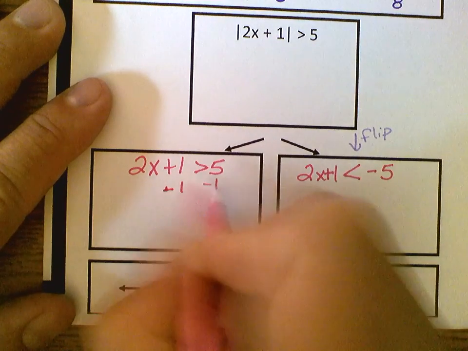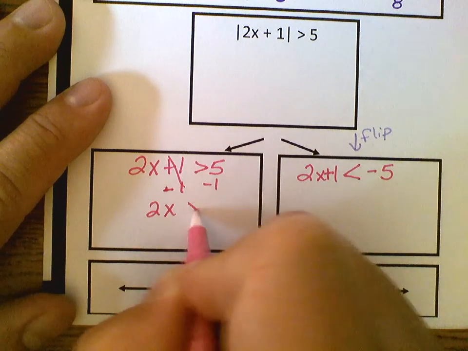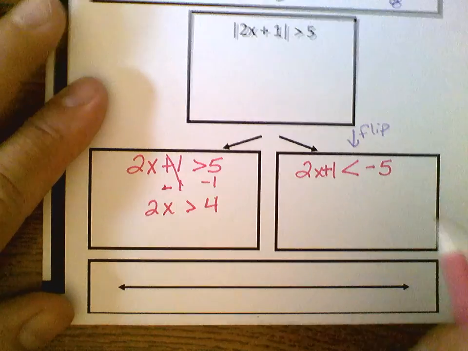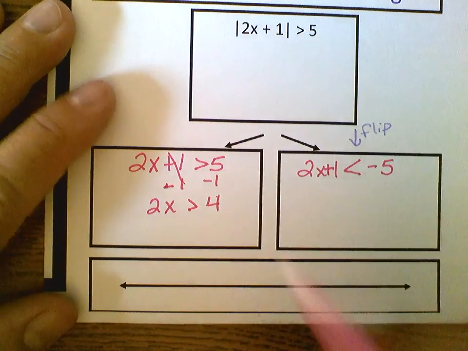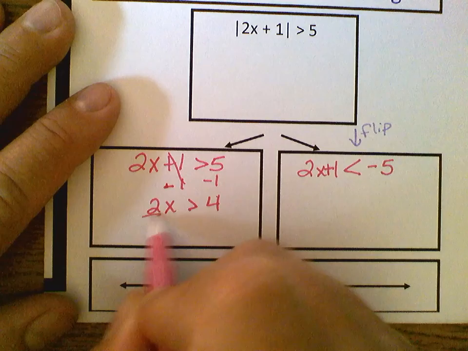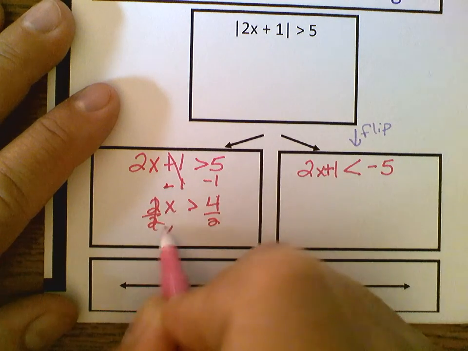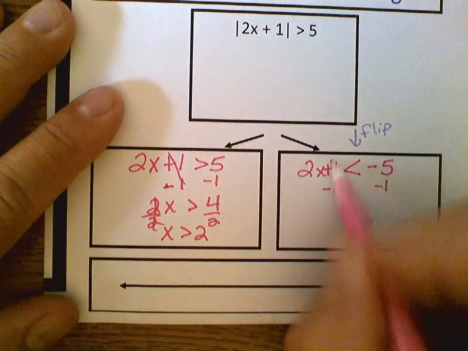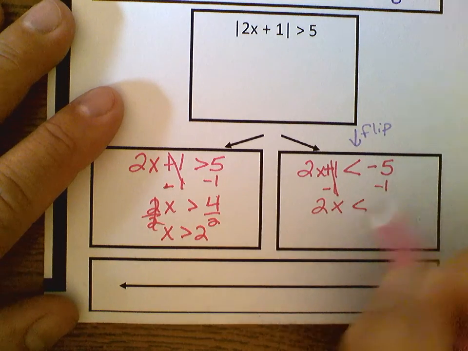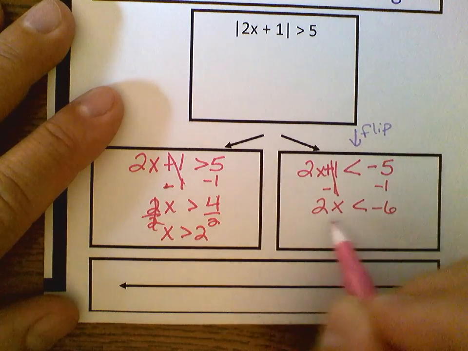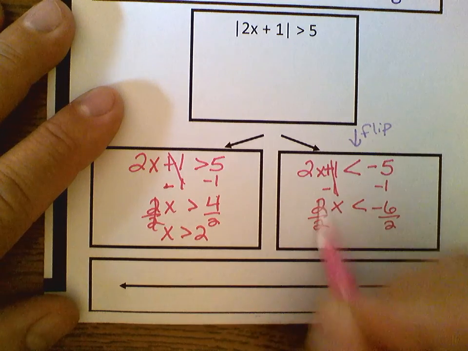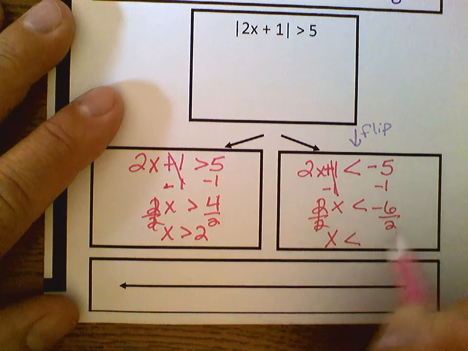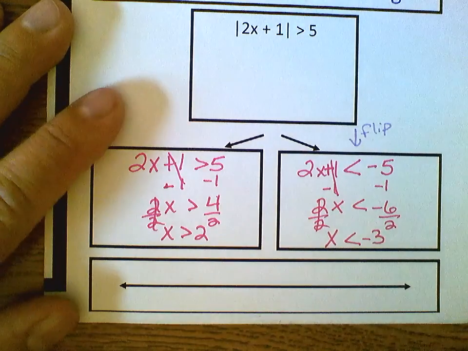I'm going to solve this. And I'm going to divide by the 2. And then I'm going to solve this one and divide by the 2. So x is less than -3.